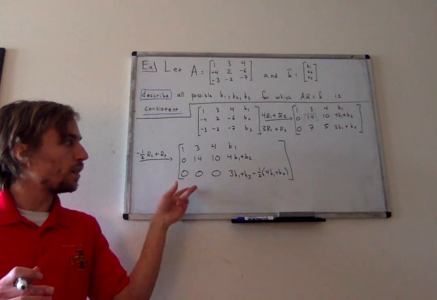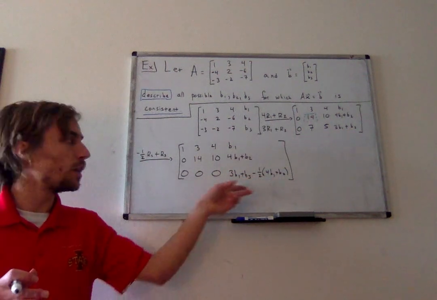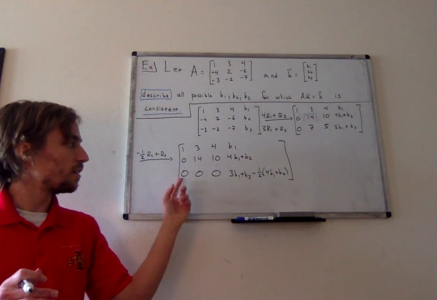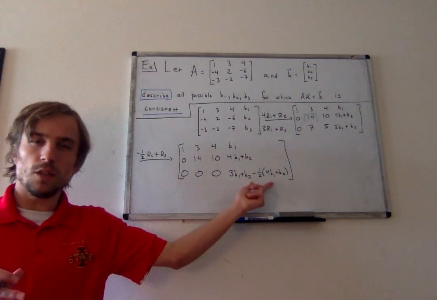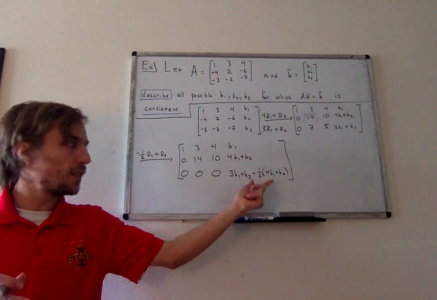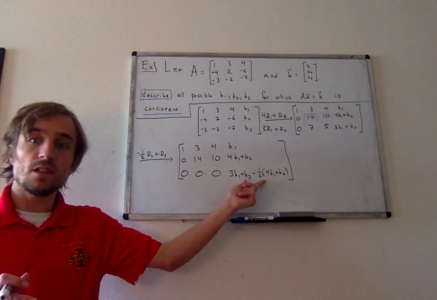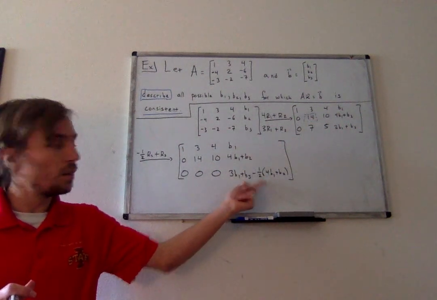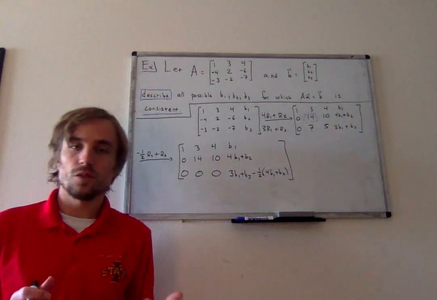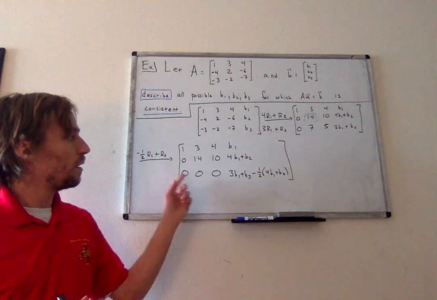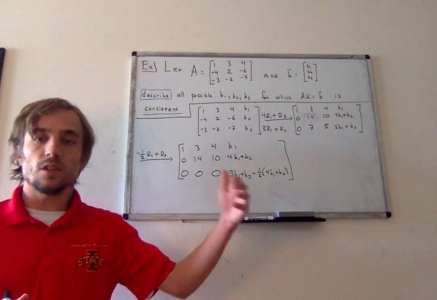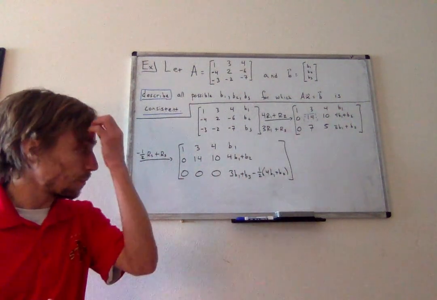This last row is now the only thing that really concerns me. Because notice I've got 0x1, 0x2, 0x3, and this big polynomial here. And so specifically, whenever this big polynomial is not equal to 0, we're going to have issues, right? Because if it is not equal to 0, then I get the dreaded 0, 0, 0, non-zero entry row.